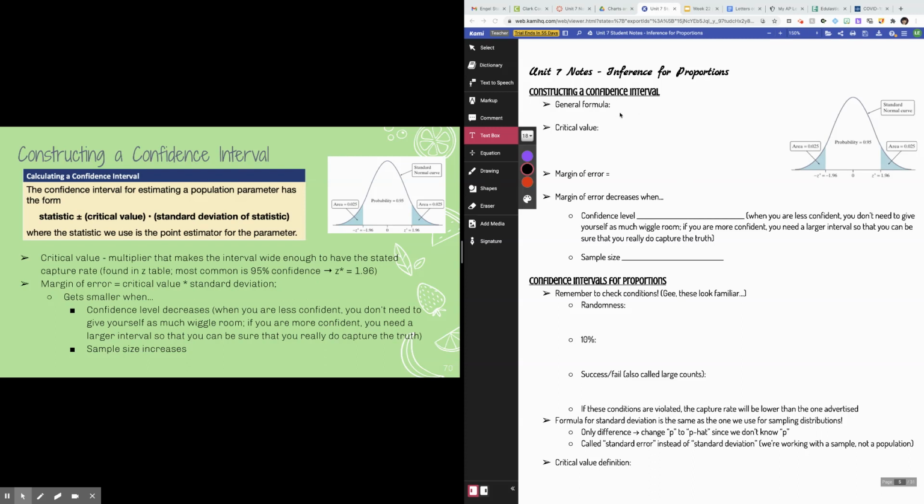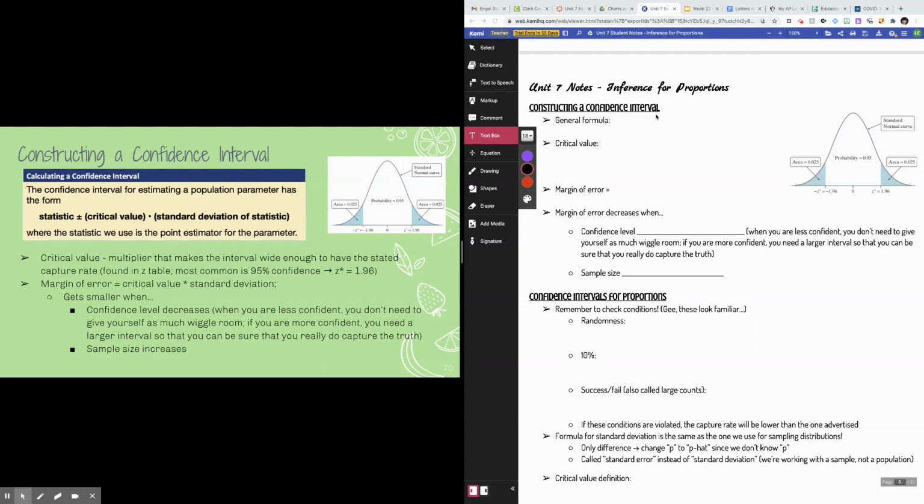Okay, so as you recall, the general idea of a confidence interval is you have a point estimate plus or minus a margin of error. So my general formula for any confidence interval, which we use to estimate a population value, a true value, a parameter, is the statistic, like your sample mean or sample proportion, plus or minus your critical value times the standard deviation of the statistic.